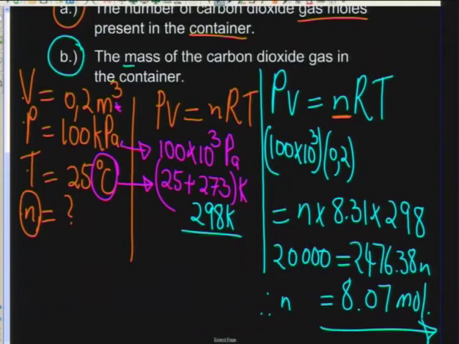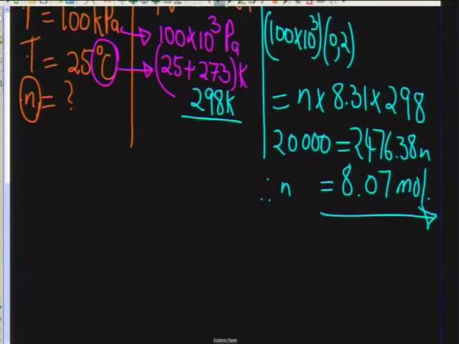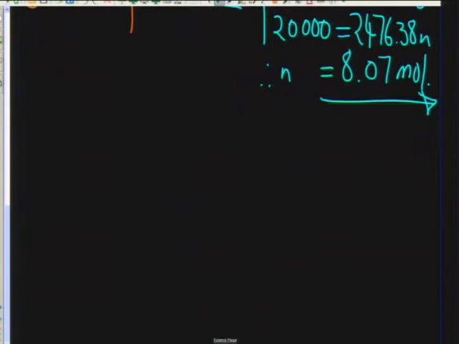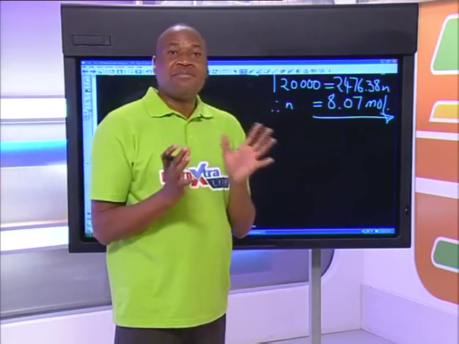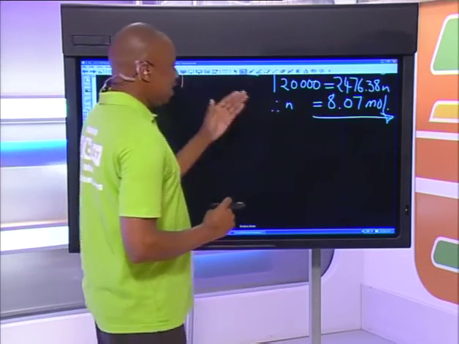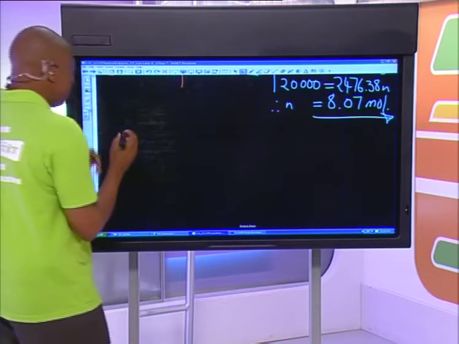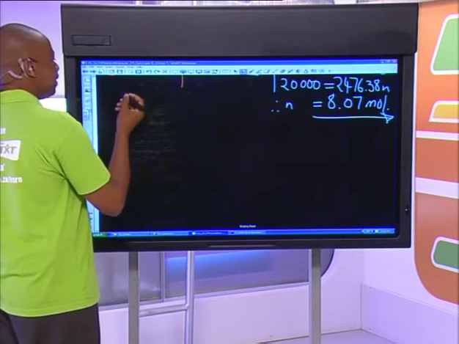Question B wants me to get the mass. Now, this is a huge number of moles for me to get the mass there, but I will be able to get it. Realistically, perhaps that wouldn't have been the number of moles kept in that particular container, but this is for our exercise. Let's just have a look at how to get the mass there.